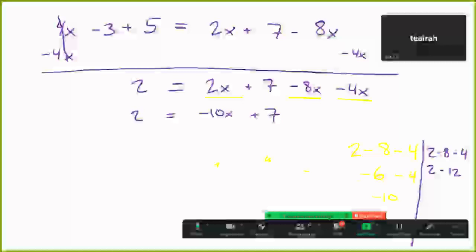Remember, the 8 and 4 are kind of stacking up together in the negative direction because they're both negative. Now, 2 minus 12. The space between 2 and 12 is 10. And whoever's bigger out of the 2 or the 12, their sign is left over. 12's bigger, so there's negative left over, so negative 10.